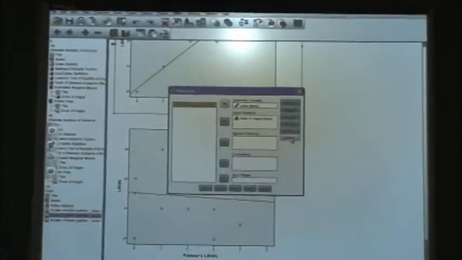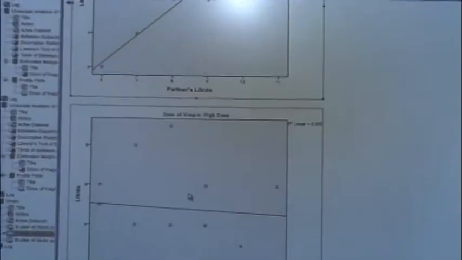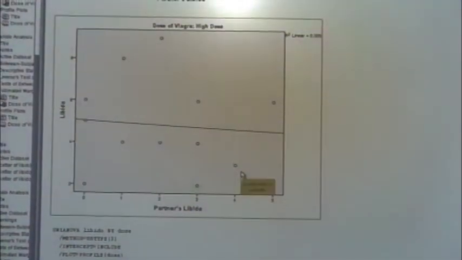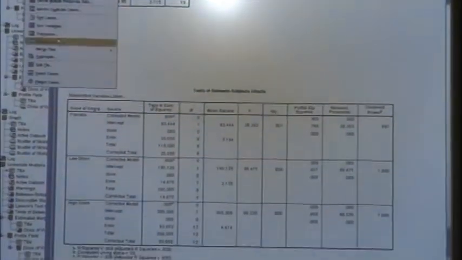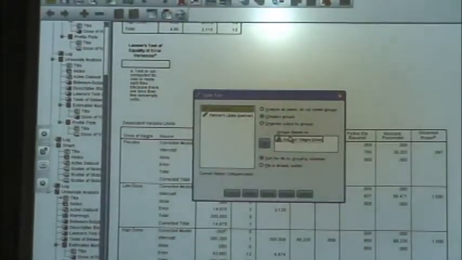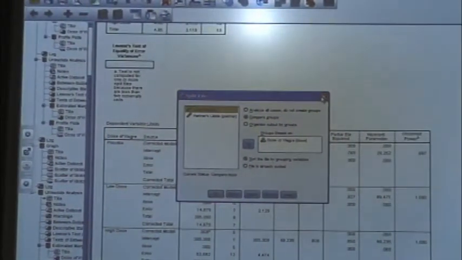So I'm just going to run the straight ANOVA, and we'll get our standard output. There are the simple effects, if you wanted the simple effects.